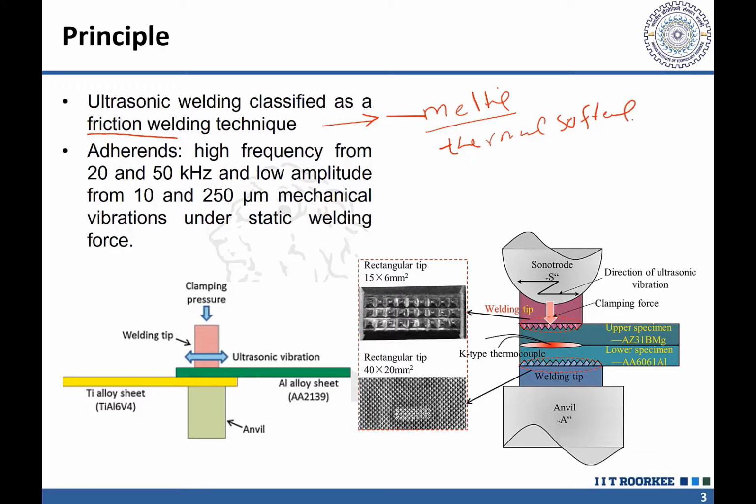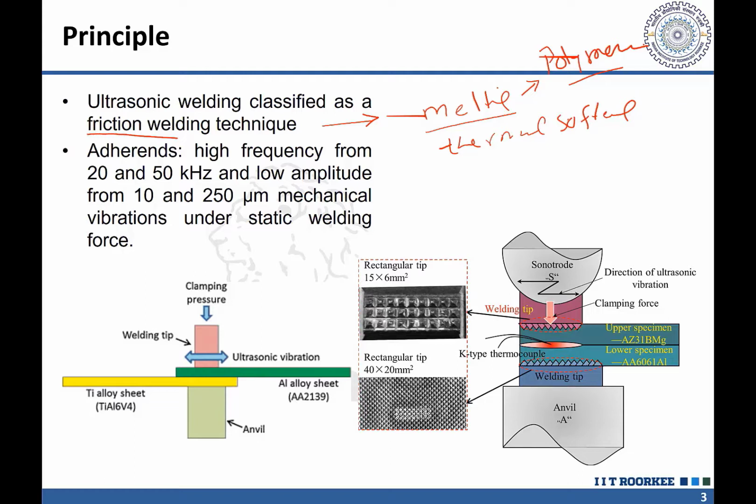Depending upon the workpiece materials, melting is frequently observed in the case of polymeric materials, while it may not be the target in the case of metallic material. However, accidental or abnormal welding conditions may lead to localized melting here and there.